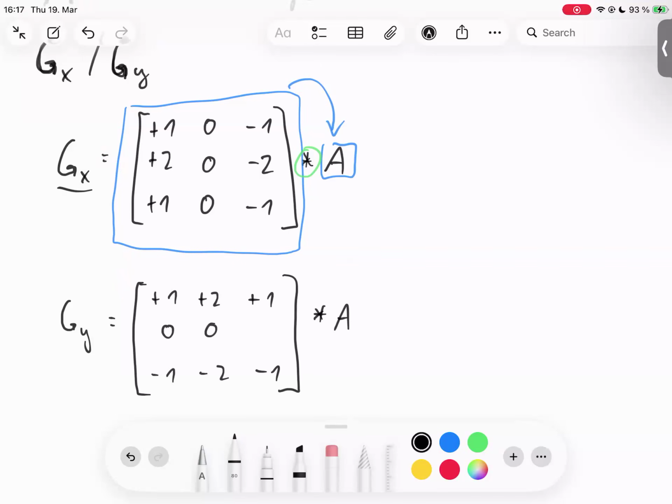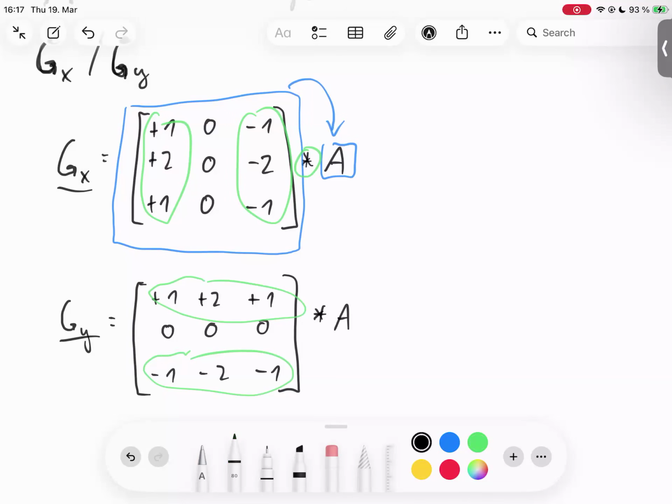Like in the first one, which gives me some change from left to right, this will give me some change from top to bottom in the neighborhood. And that's why it's a change. So G for gradient along X and the gradient along Y.